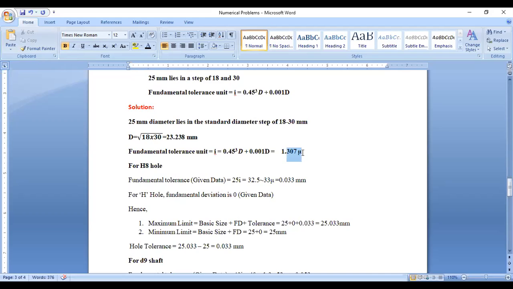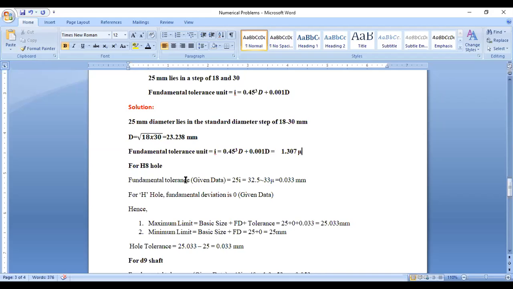Here you are substituting the value of D in terms of mm, but the value of I will be in terms of microns, that you have to take care. These are the two values which will remain the same for both hole and shaft calculations, so you have to use these values. First, now we'll calculate the limits for the hole, that is for hole H8.